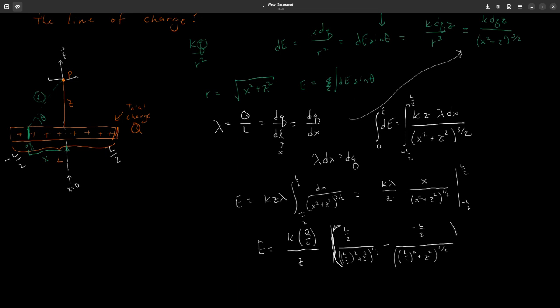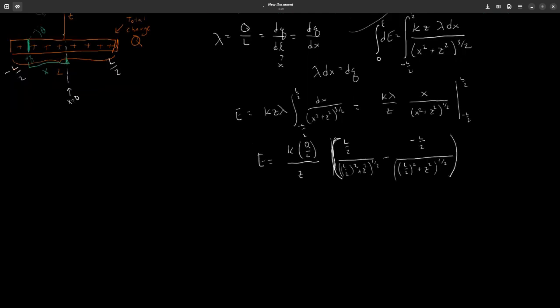And that means that I'll end up with a 2 and a 1/2 that both come out, because I'm going to see that this plus this just gives me 2 of those, and then I have L over 2 on the top. So I'll end up with E equals kQ over Lz times, well, I get a 2 from having 2 of them, and then it's going to be L over 2 times 1 over L over 2 squared plus z squared, that to the power 1/2.